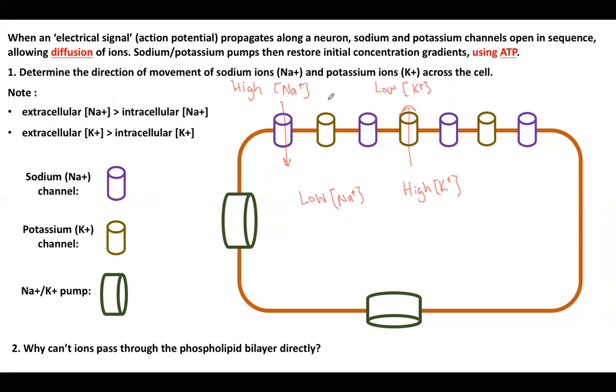Over time, though, this is going to balance each other out, and eventually it would be at an equilibrium where both sodium and potassium concentrations are the same inside and outside the cell.